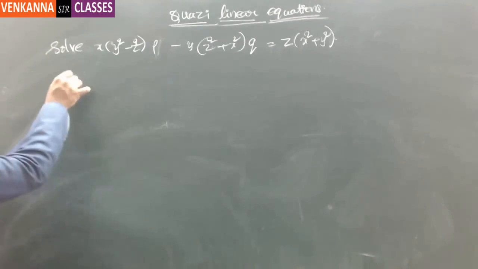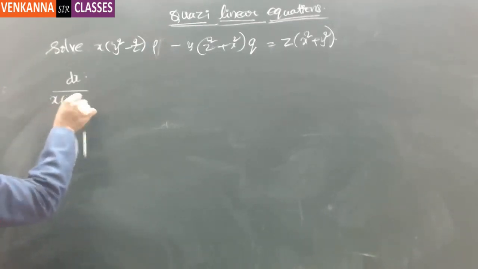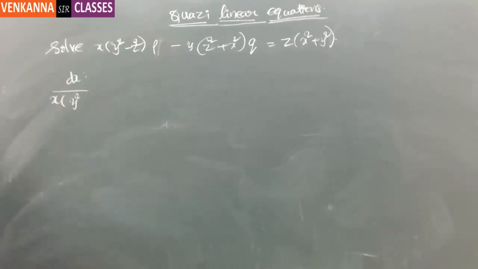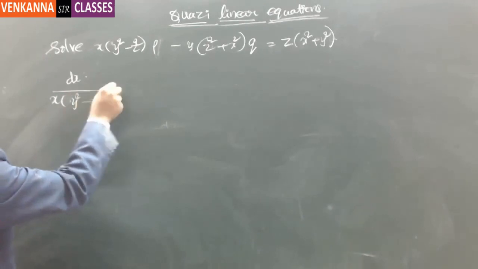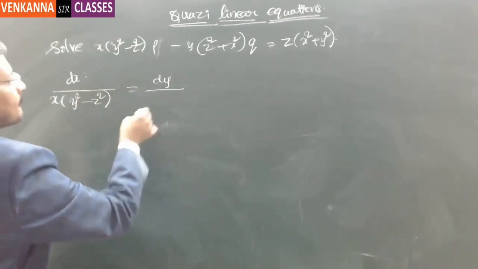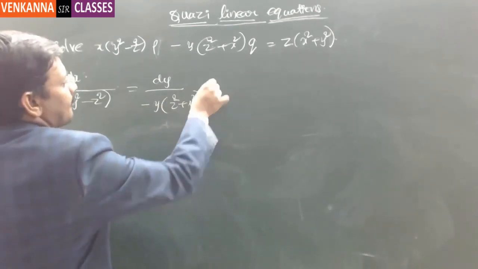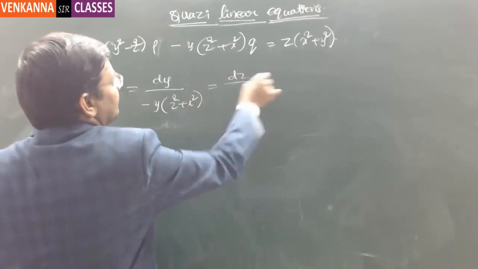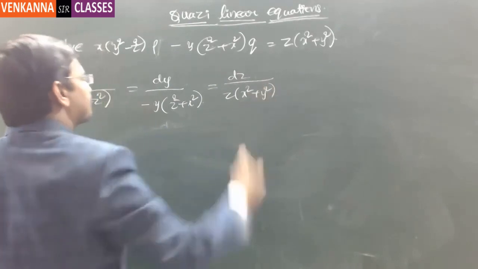So the auxiliary equation, straight away you can write, dx by x into y square minus z square is equal to dy by minus y into z square plus x square equal to dz by z into x square plus y square.